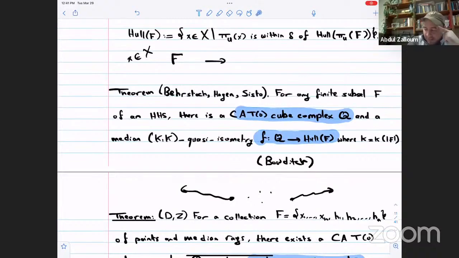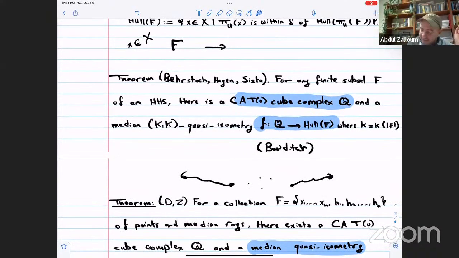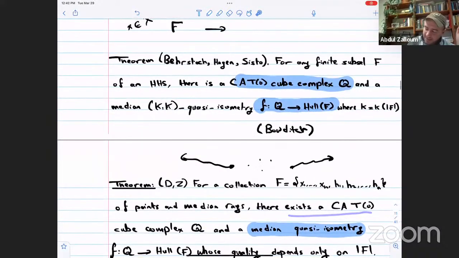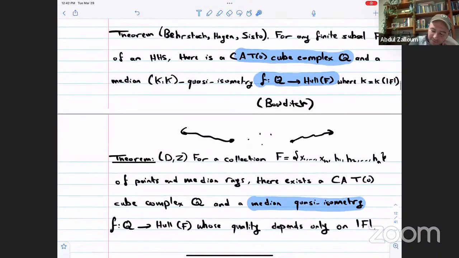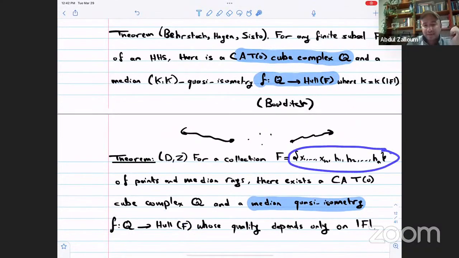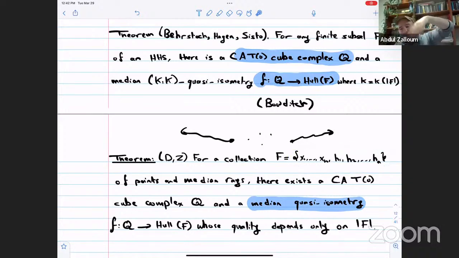Then the same conclusion holds. There exists a CAT(0) cube complex Q and a quasi-isometry between Q and the hull of F. And the constants of the quasi-isometry only depend on how many elements are in this set. I mean, this set is a priori infinite, because you have these median rays, which are infinite.